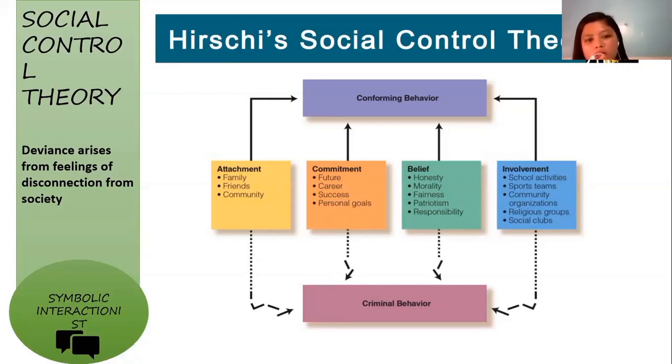Meaning there is a weakening, or a disconnection of these four factors, which are attachment, commitment, belief, and involvement. People will tend to deviate, or will engage in deviant behavior, when there is a weakening of attachment, commitment, belief, or involvement in the family, the school, the government, or the church, or the community itself. That is where deviance or deviant behavior comes from.